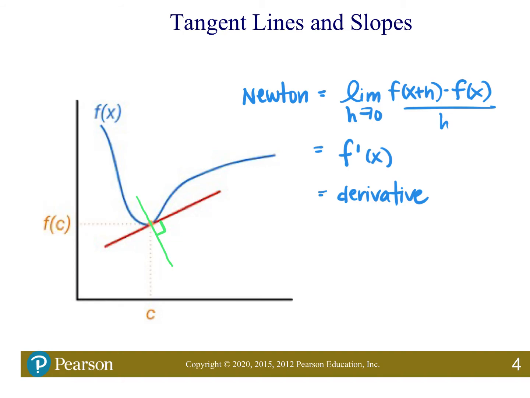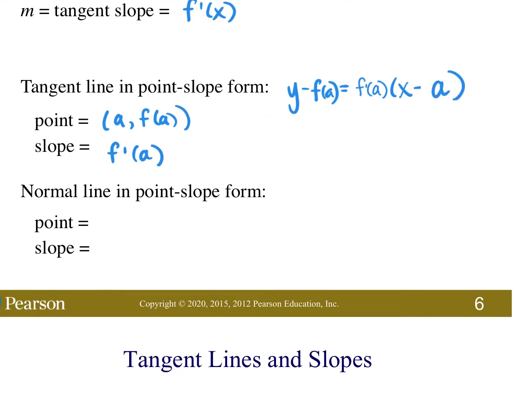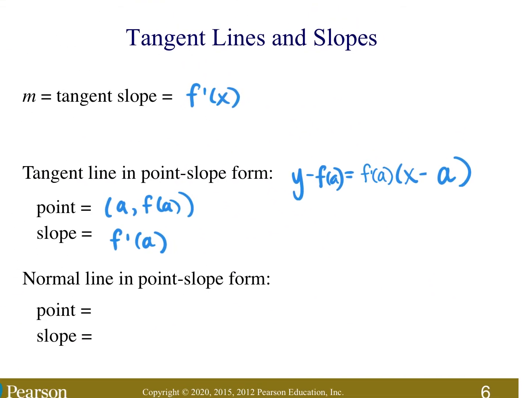value. Okay, so go down to the normal line. It uses the exact same point. There's no difference in the point. They have the exact same point in common. But what they have different is that we have the negative reciprocal of f prime.